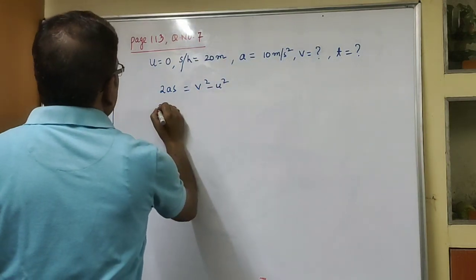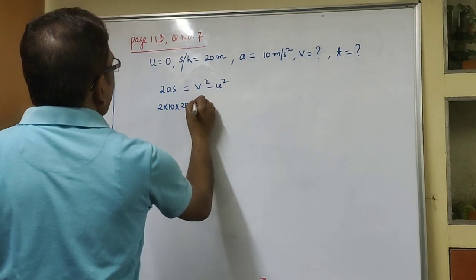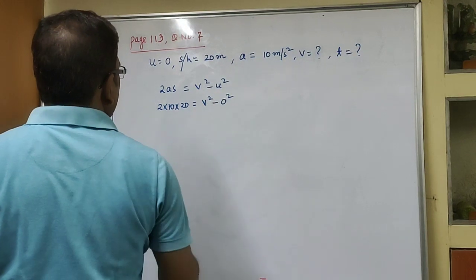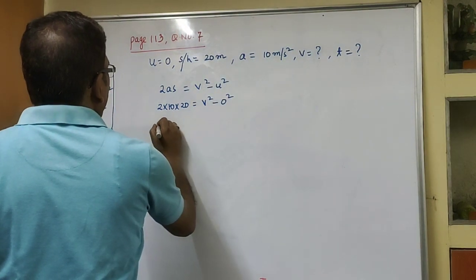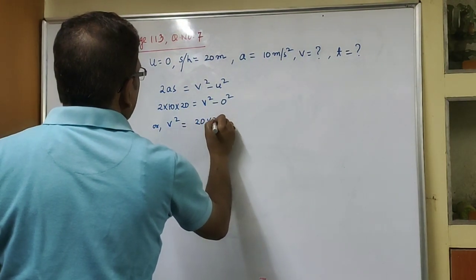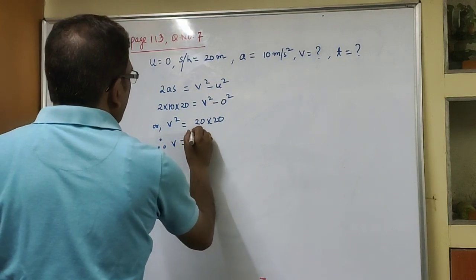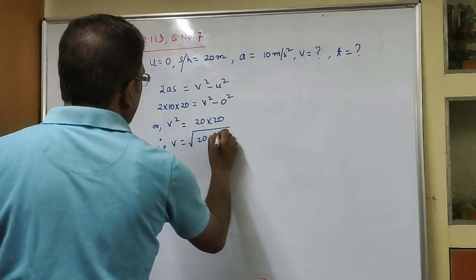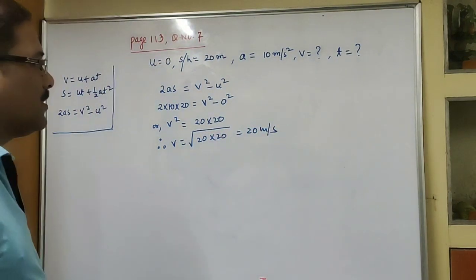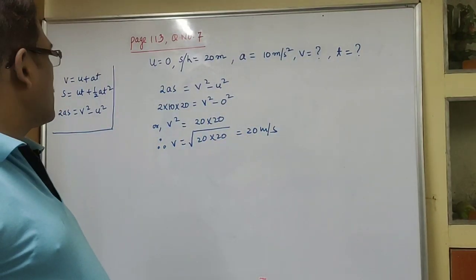Now substitute the values. 2 into 10, s is 20, and v you have to calculate, u is 0. So this can be written as v square is equal to 20 into 20. Therefore v is equal to root over 20 into 20. So it will be 20 meter per second. So it will strike the ground with a velocity of 20 meter per second.